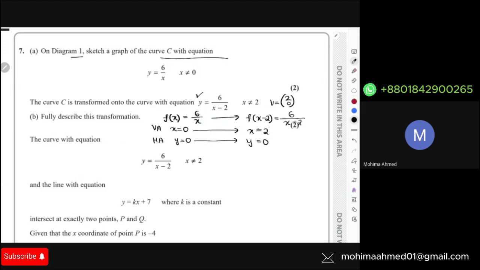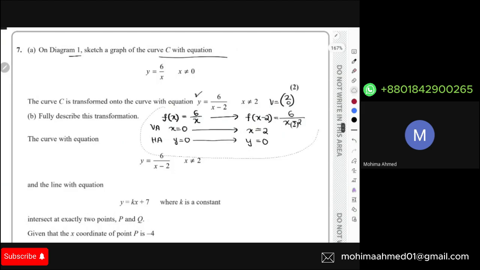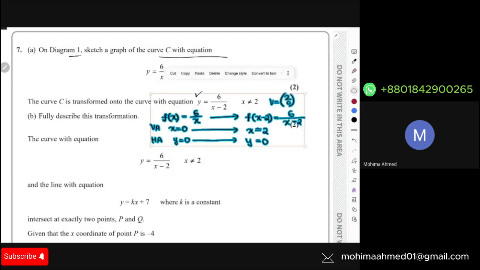I do not actually have to write this down over here. I just have to explain that this is a translation of 2 units to the right, parallel to the x-axis. That's what I just have to say. So for your part B, this is a rough working that you can do. You don't have to do all the rough working. They will never give you any mark for the rough working.